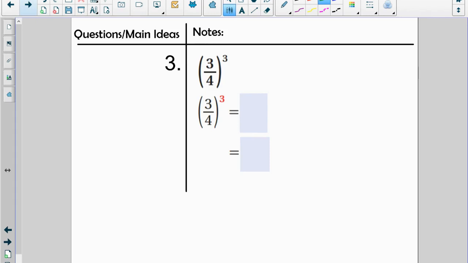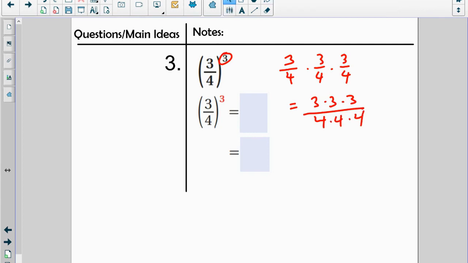So here's another example, 3/4 to the 3rd power. If I wanted to just expand the exponent, I'm writing 3/4, which is my factor, multiplied 3 times because my exponent was 3. Well, if I'm multiplying fractions together, I know that means I'm multiplying the numerators together, 3 times 3 times 3, and I'm multiplying the denominators together, 4 times 4 times 4.